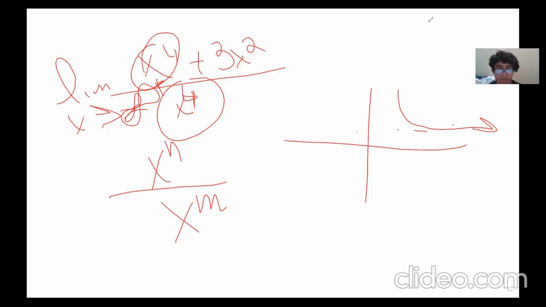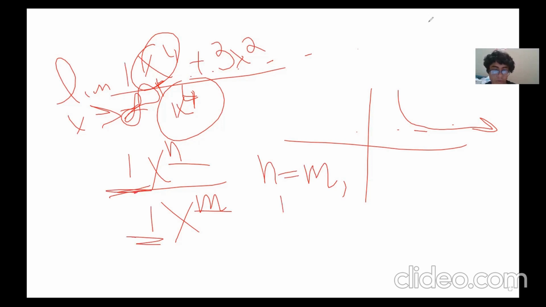And that will always overshadow the rest of these terms over here. And so we think, okay, if n is the numerator's greatest degree and m is the denominator's, if n is equal to m, you take the ratio of the coefficients. In this case, it's 1 over 1. So the asymptote's at 1.